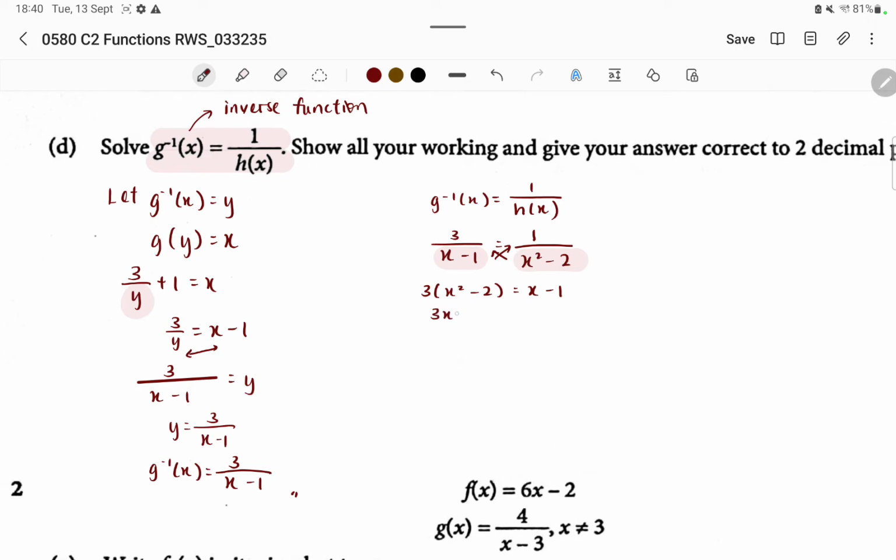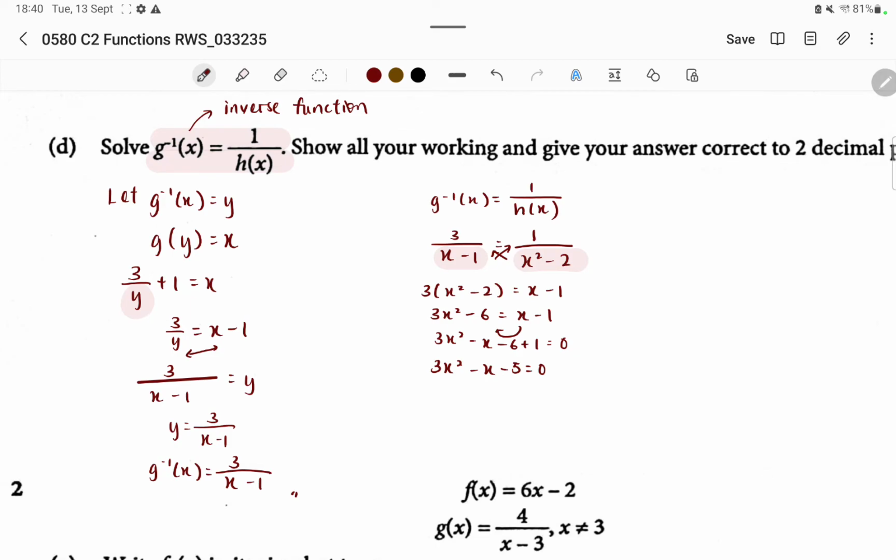So 3x squared minus 6 equals x minus 1. And then move everything to the other side: 3x squared minus x minus 6 plus 1 equals 0. Simplify it, 3x squared minus x minus 5 equals 0.